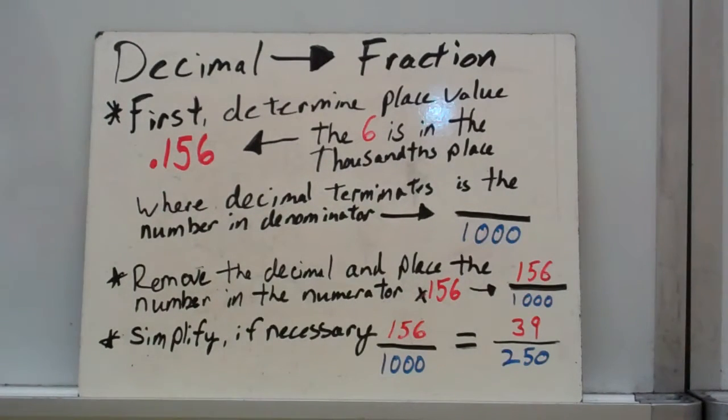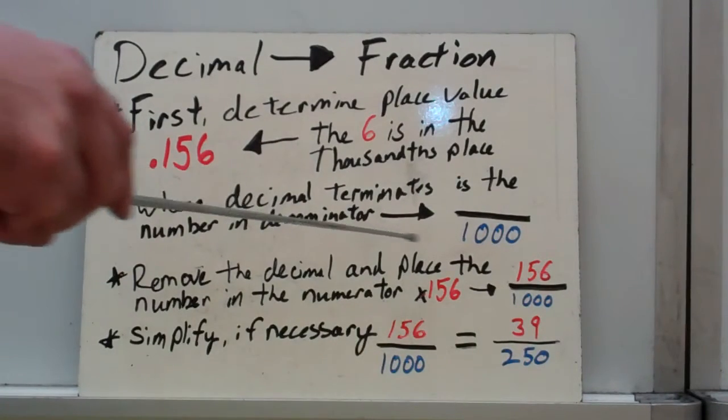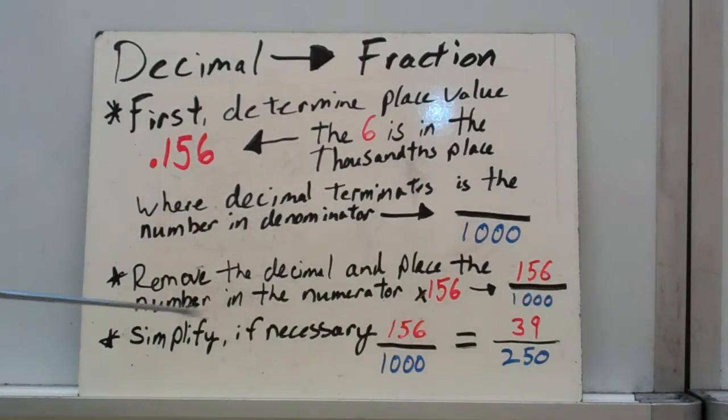Terminate means to end. So the 6 is in the thousandths place. Tenths, hundredths, thousandths. And that number of the place value is what goes in the denominator. So again, this ends in the thousandths, so we're going to put 1,000 in the denominator.